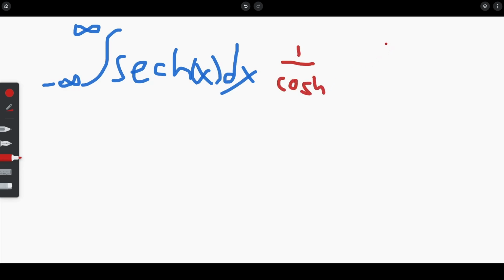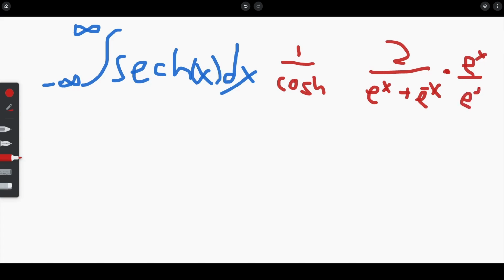So that just comes out to be 2 over e to the x plus e to the minus x. And now that we have it written like this, I see right away we could manipulate this a little bit. So we're going to multiply this by e to the x over e to the x, which, as you know, is just 1. It doesn't change anything.